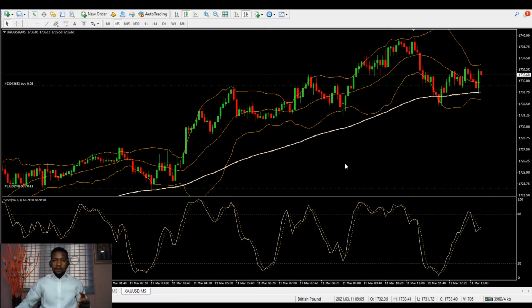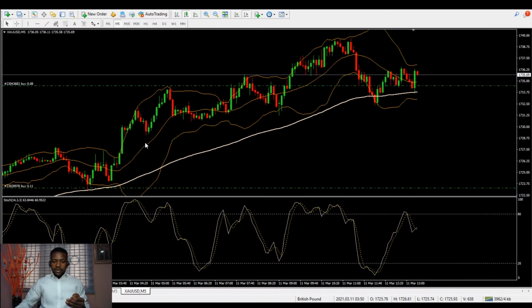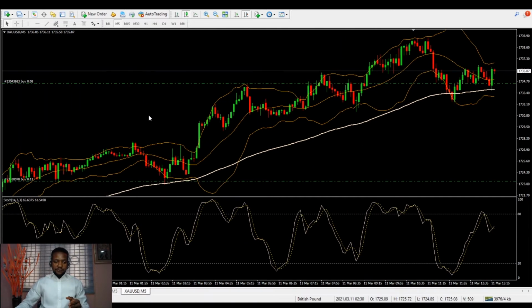Now, what does the law of Bollinger Band say? Usually price moves between the upper and the lower band. This is the upper band, this is the lower band, and this is price. It moves in between. But once price comes outside the upper or the lower band, wait for price to go inside the band, and it signals a possible change of trend.